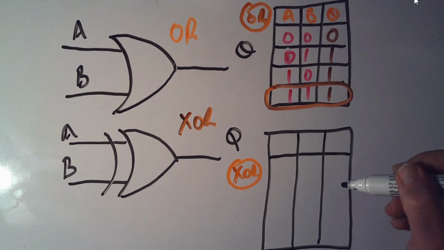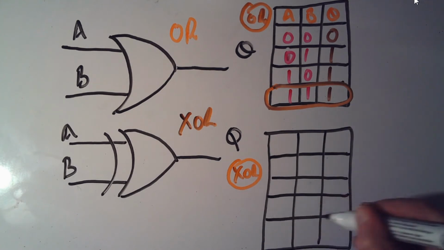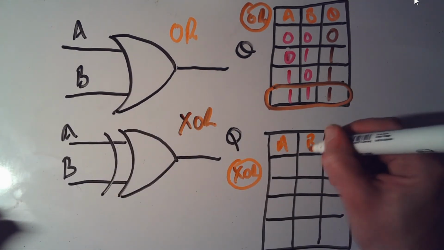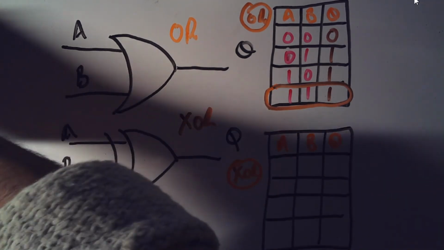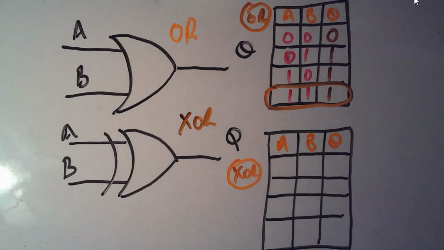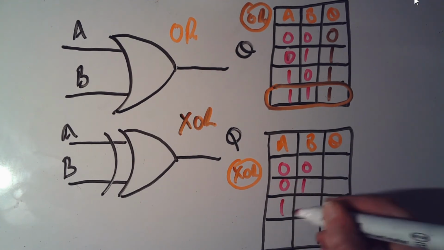We're going to have to divvy this up into 4 as well. Right, let's pop in the top A, B and Q for our output. Now on this occasion let's pop in our various values for A and B: 0, 0, 0, 1, 1, 0, 1, 1.